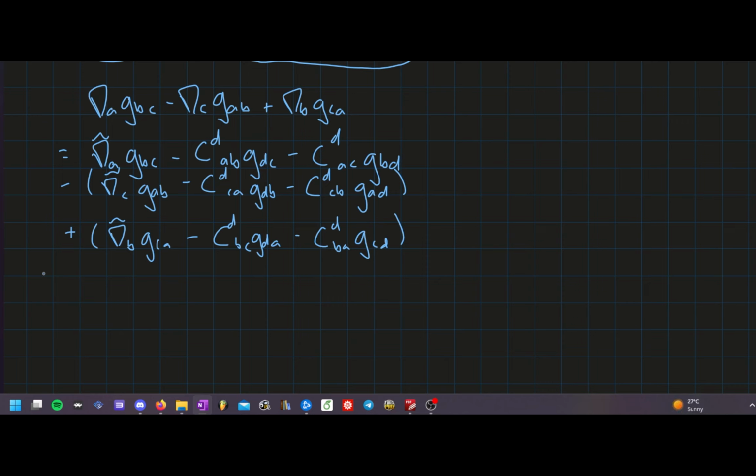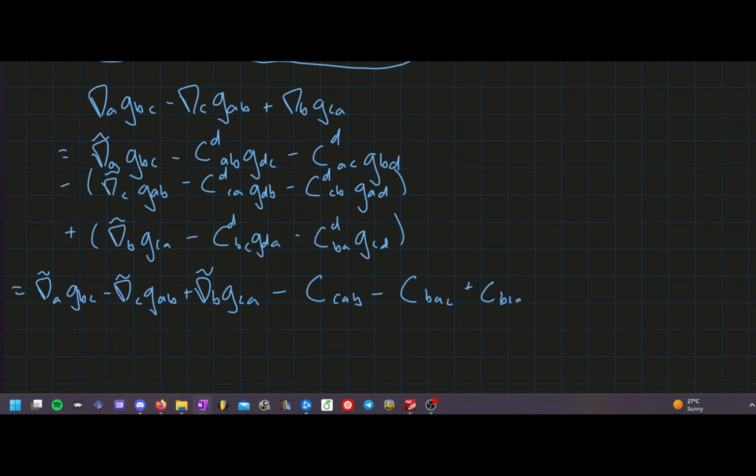So we can write this together as a line now. Let's collect the nabla stuff first. So we get nabla tilde_a g_bc minus nabla tilde_c g_ab plus nabla tilde_b g_ca minus, and then we're going to have this term, C_{cab} minus C_{bac}, then minus minus is plus C_{bca}.